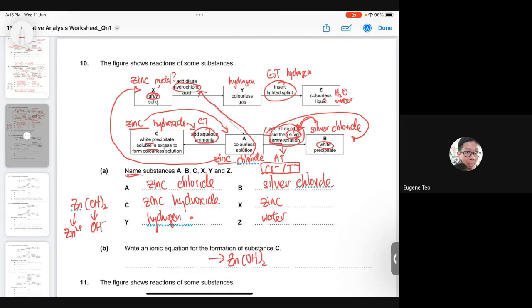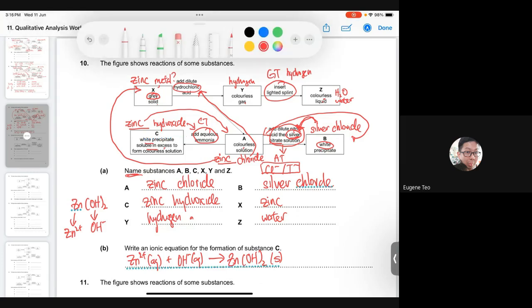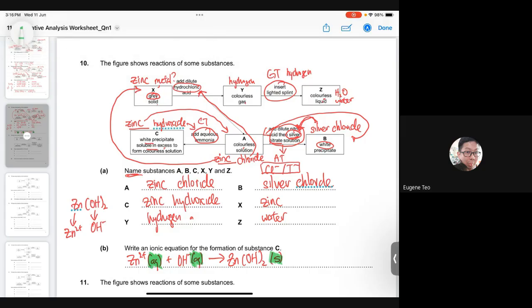This is formed by Zn2+ ions aqueous plus OH- ions aqueous to give me the solid. Now, if you look at this one here, no state symbols are required. So actually, I don't need to write the state symbols. It's just that I want to show you what the state symbols would be for this particular substance if they are required.